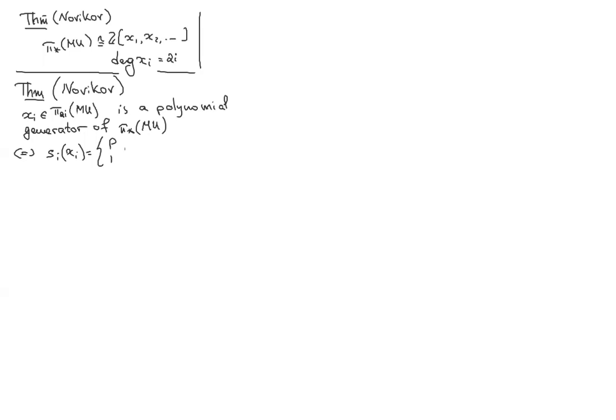It is p if i is p to the power t minus 1 for some prime p and some t, and 1 if it is not of this form. Yeah, so this is our first goal for today.